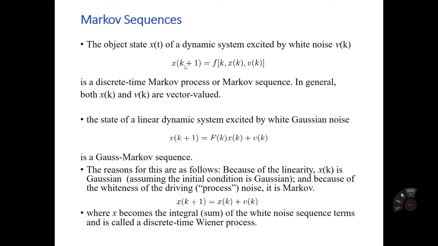So x k plus 1: if we are at k equals 1, then what will be the object state at 1 plus 1, that is 2? What will be x of 2, given x of 1 and v, which is white noise v of 1. We normally denote the white noise by v in many tracking algorithms. So this system is a discrete time Markov process or Markov sequence. In general, both x k and v k are vector valued.